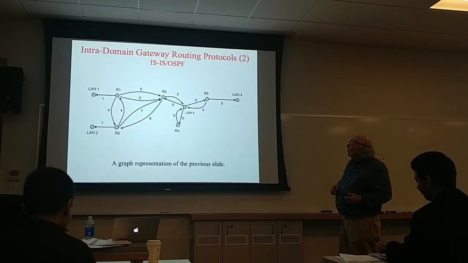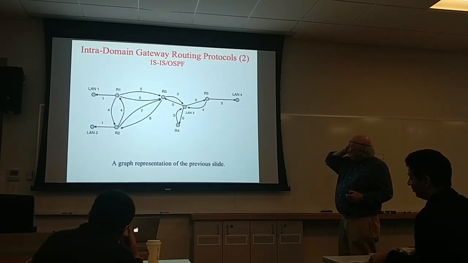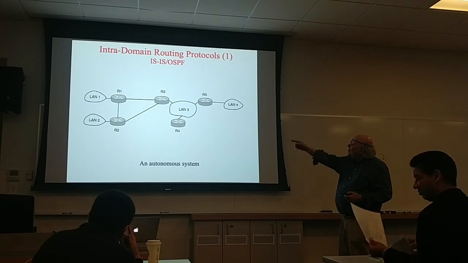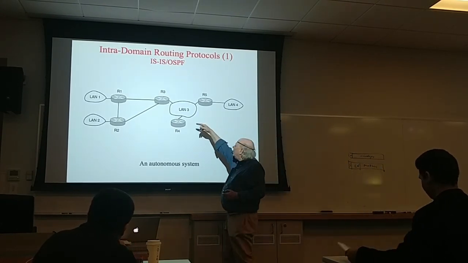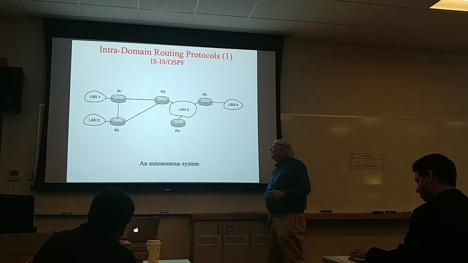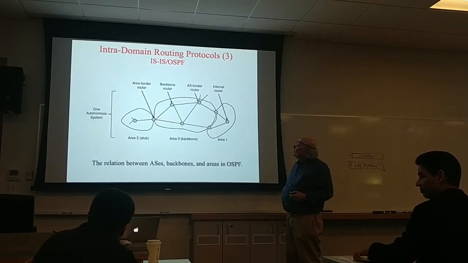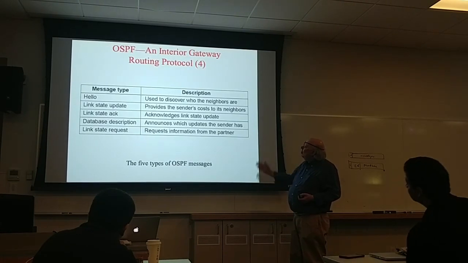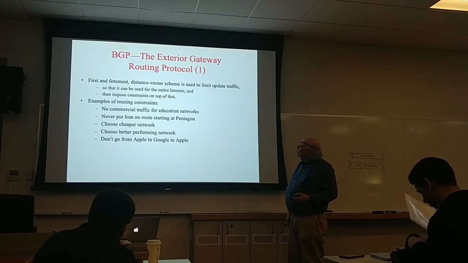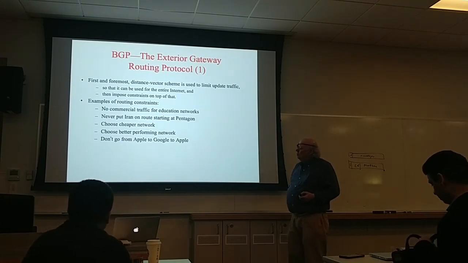We do intra-domain routing within the autonomous systems, and inter-domain routing across them, and that gives us a graph that looks like this. OSPF is a bit like link state. BGP is what we use in between.